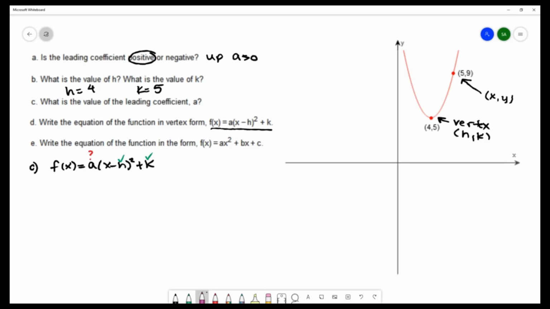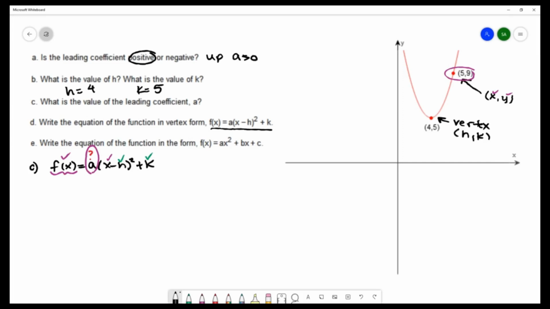Now we also have this ordered pair, (5, 9), and we're going to use that as an x and a y. This is the x, and f(x) is the same thing as y. So we have values to substitute for all the variables except for the one that we're trying to solve for. So we're going to be able to substitute those numbers in and solve for the value of a.